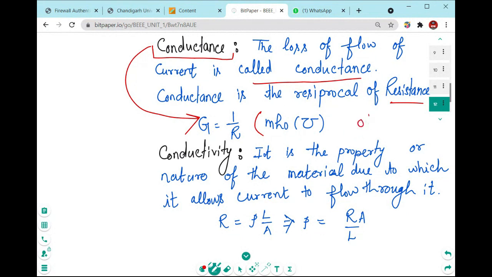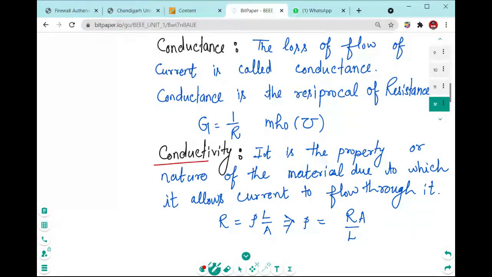When you represent ohm, its symbol is like this, so you can represent mho in reverse. This is the symbol for ohm and this is the symbol for mho.